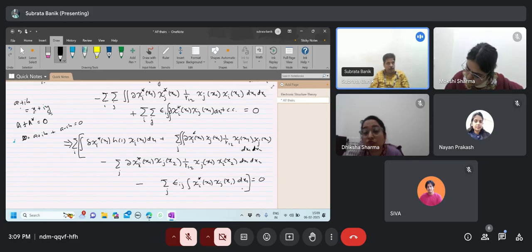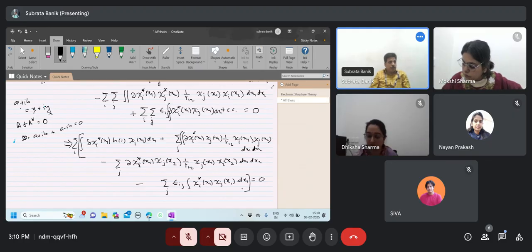An electron can occupy I equal to 1, that is the first orbital, I equal to 2, the second orbital, up to I equal to n. All n orbitals it can occupy. So there is no way we can say one term is equal to minus another term. It is physically unacceptable. What is acceptable is that every term is individually zero.